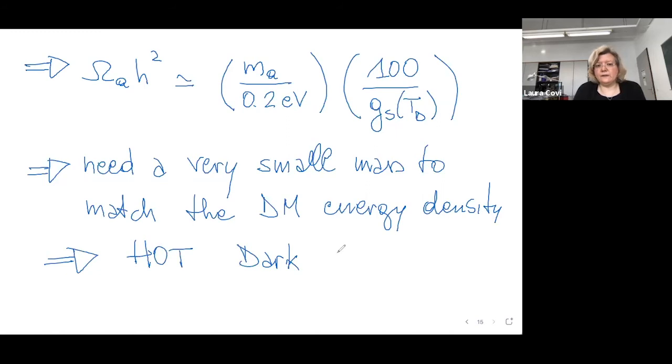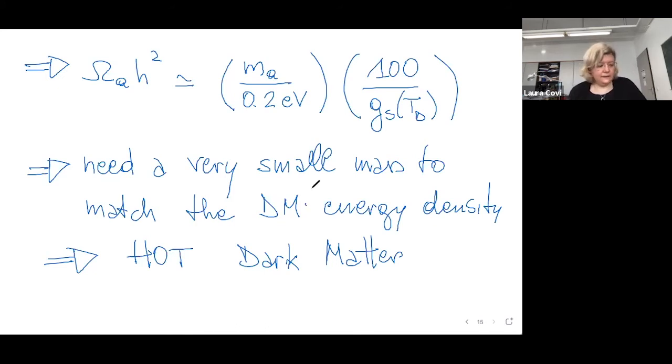It's even lighter than a neutrino in some sense. Of course, we saw the other day that neutrinos have to be in the electron volt region. In this case, due to the fact that you have more degrees of freedom, you have an even smaller mass, which means you really are below the electron volt.